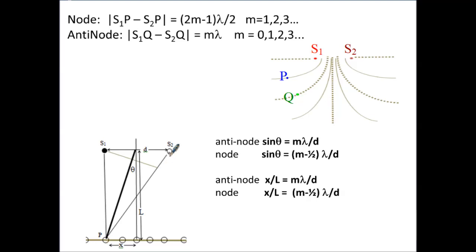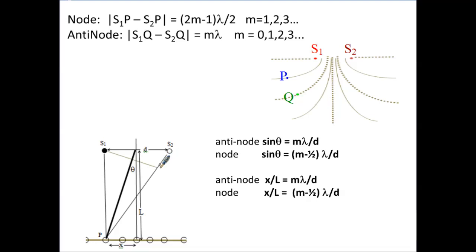And here would be the path difference, the S1P and the S2P, that you would take the difference between them. And this little piece right here would be PS1 minus PS2, would be this thing here.